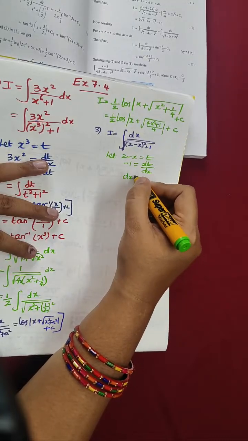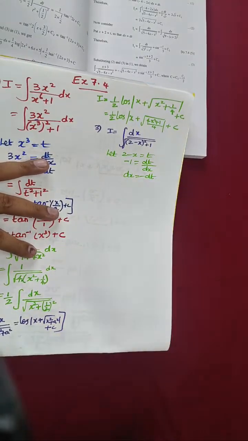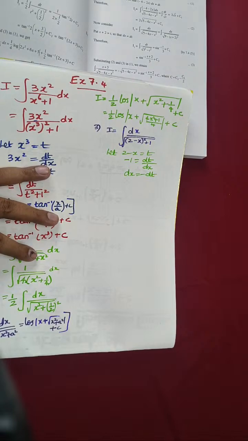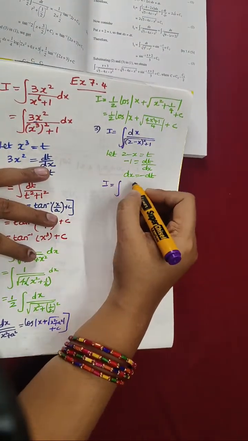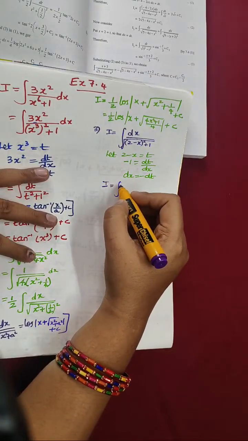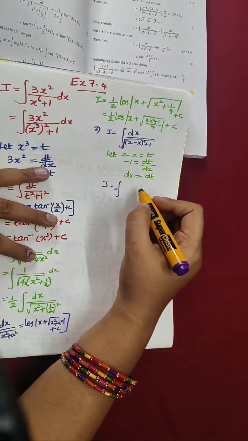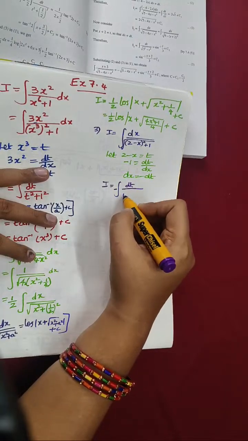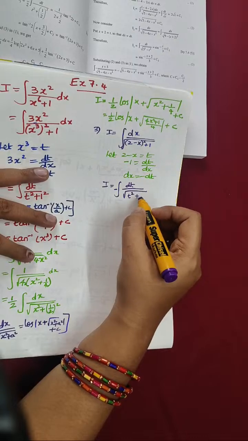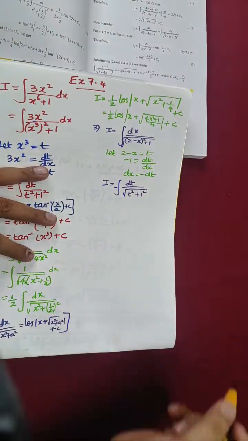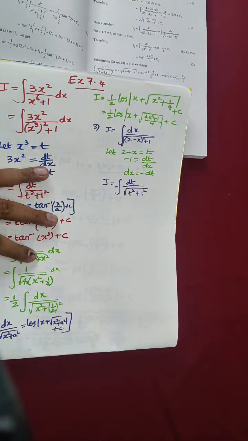So it will be dx equal to minus dt. Now substitute whatever terms you have taken. So I equal to, in place of dx it is minus, so I have written that minus outside, dt by root of t power 2 plus, and 1 I can rewrite as 1 square. So what is the formula?